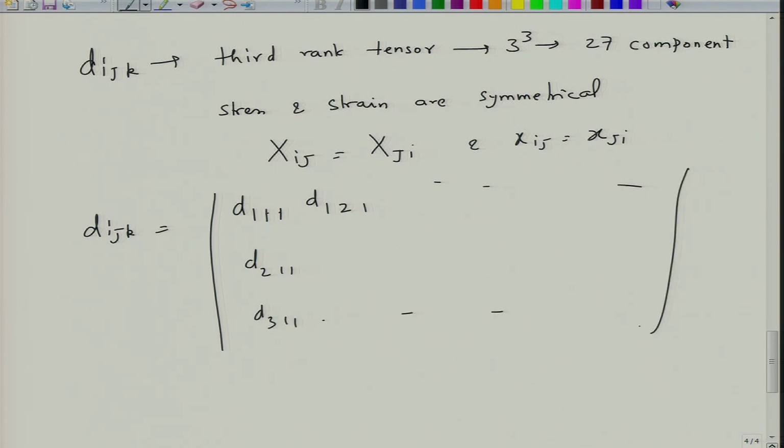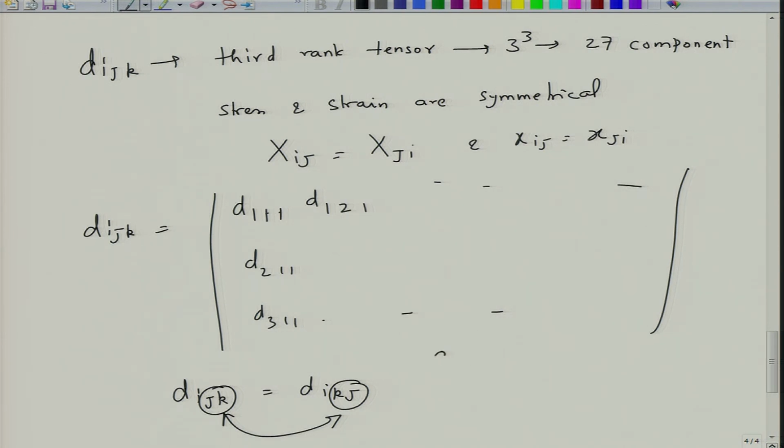When you do the matrix expansion, you can see that d i j k will be equivalent to d i k j. Okay. Because of this correlation between the stress and strain, you will reduce the number of components.